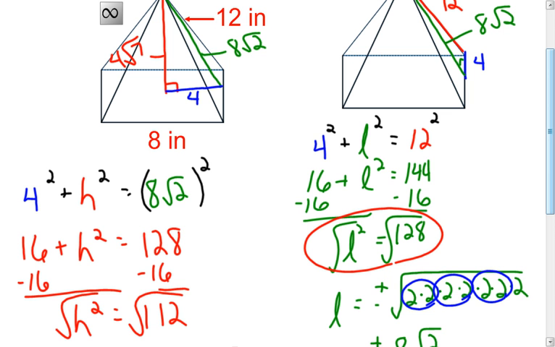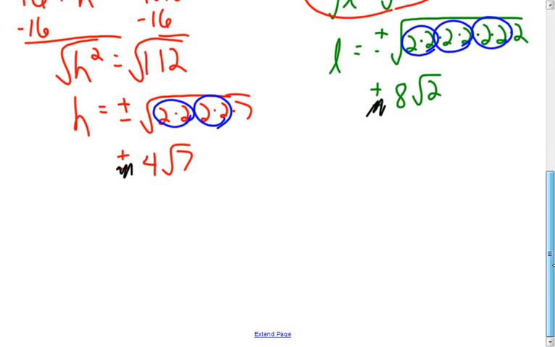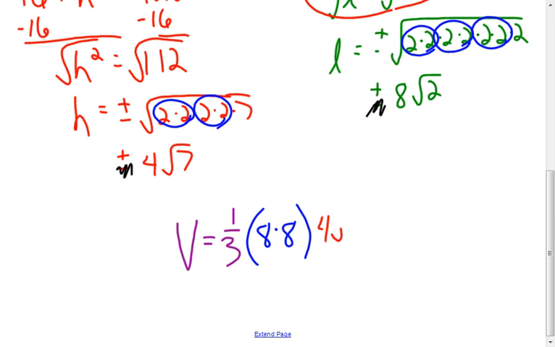Now I can find the volume of my pyramid by doing 1/3 area of the base times height. So I'll come down here. My volume is going to equal 1/3 area of the base. I knew that each side of my square is 8, so I'm going to do 8 times 8 for the area of the base. And then multiply it by the height, which I just found as 4 root 7. And I will have it.